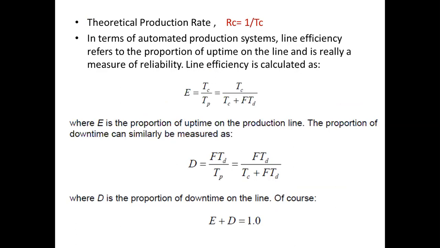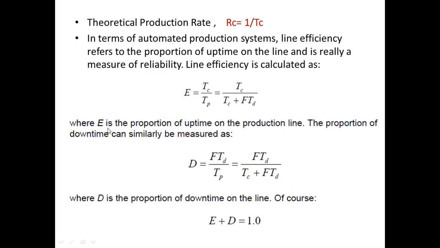What is the meaning of reliability? Reliability is basically the level of dependability of the system. Therefore, you can calculate the line efficiency by taking the ratio of TC upon TP. TC is the cycle time and TP is the average production time, which equals TC plus F into TD. So you can calculate the line efficiency.